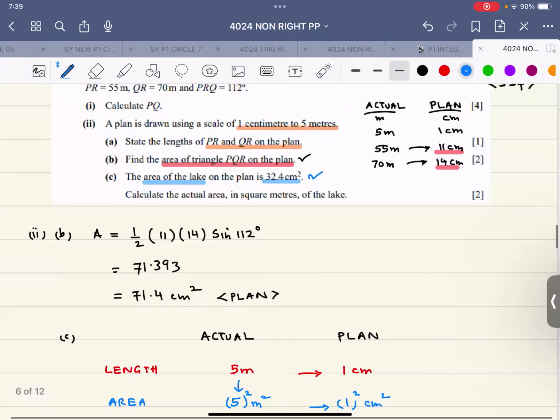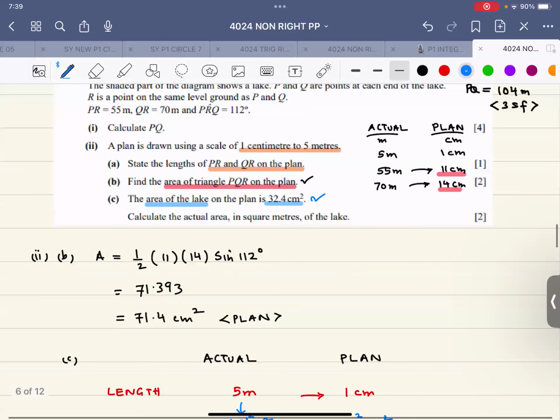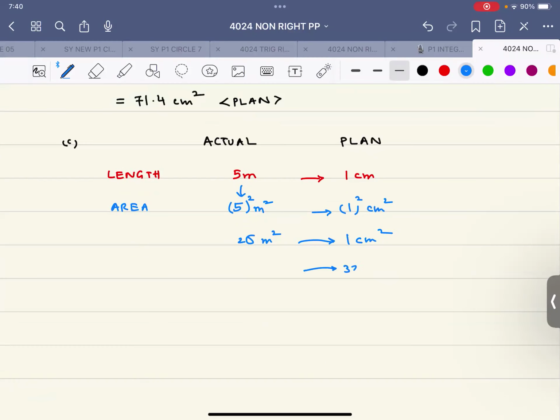So this is 5 meter is 1 centimeter. 32.4 centimeters square, and let this be x. So if I cross multiply, x into 1 is 25 into 32.4.